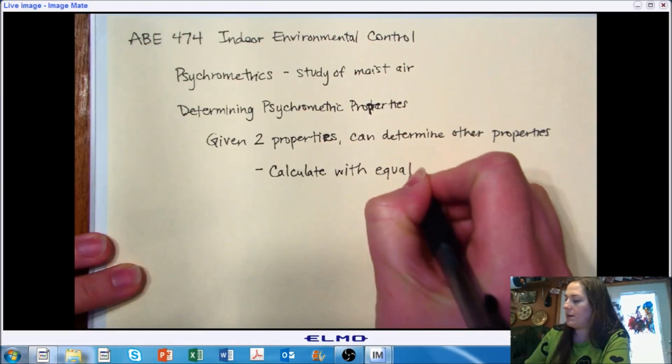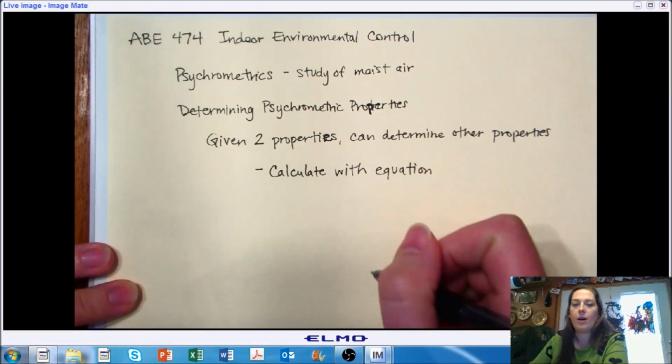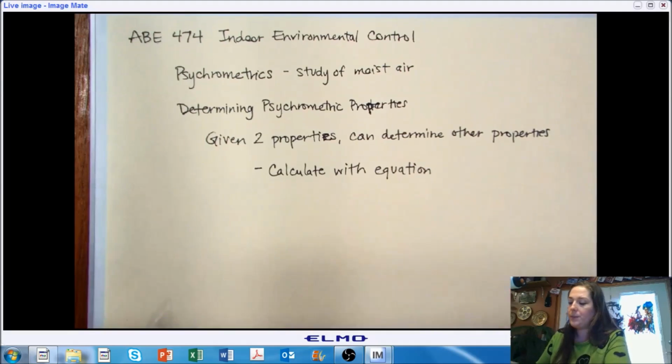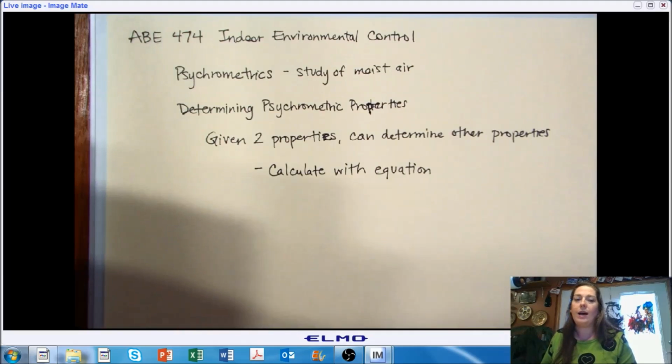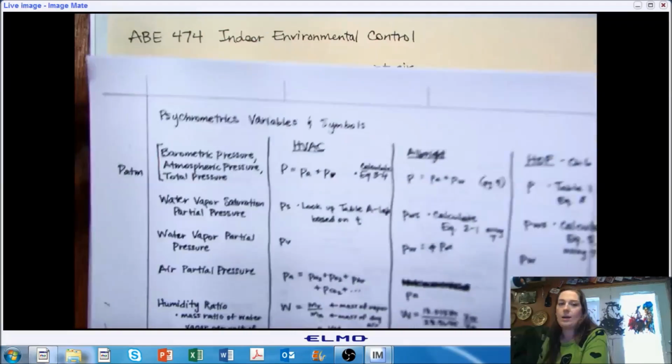We have a set of equations, and in this case we actually have our textbook as a reference, and then I've given you two other references, one from the Handbook of Fundamentals from ASHRAE and the other from another textbook, and those are available on the wiki. Each of those references uses, unfortunately, a different set of variables. So what I've also included on the course wiki is a comparison chart of the variables that are used and the symbols and the equations provided in each one of those.